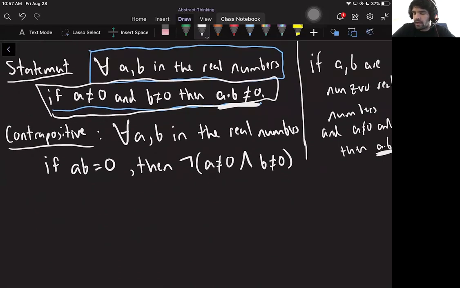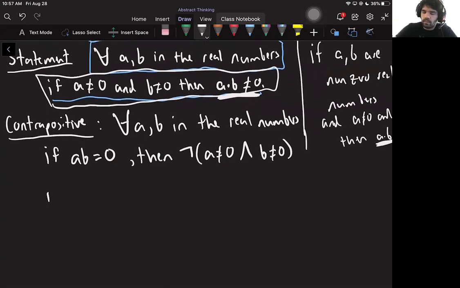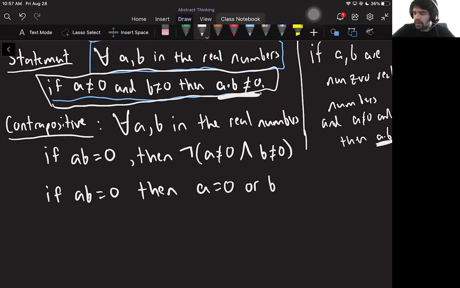So when you say that it's not true that a is not 0 and b is not 0, what you're saying is that a can be 0 or b can be 0.